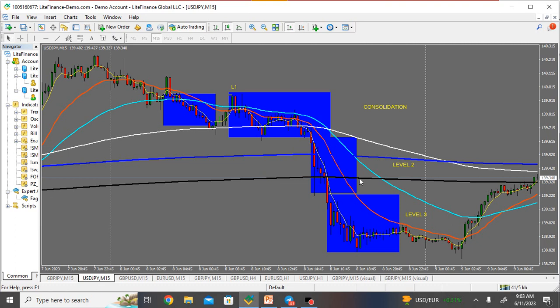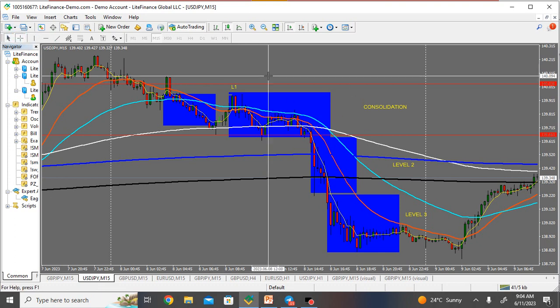So if you have entered here, if your entry is right here, then your stop loss will be above the previous high right here. Your entry will be here at the shift candle, then your stop loss here.